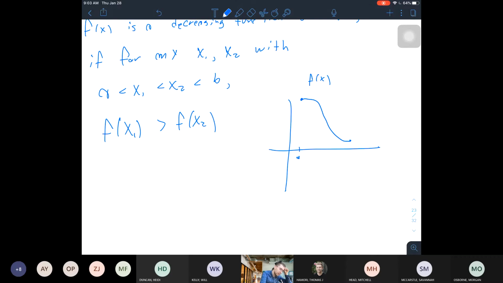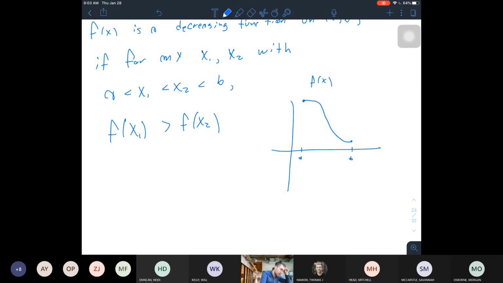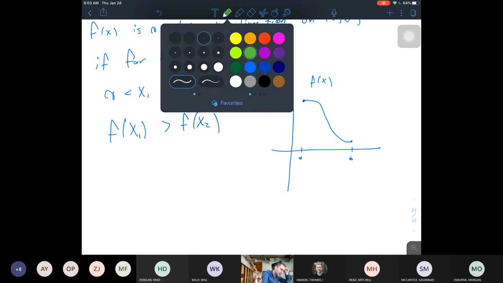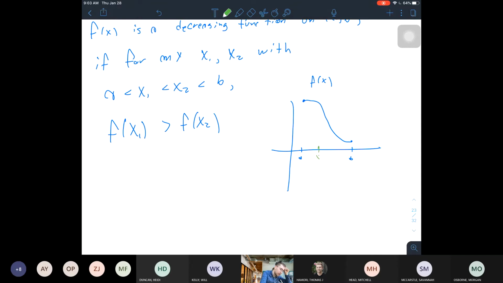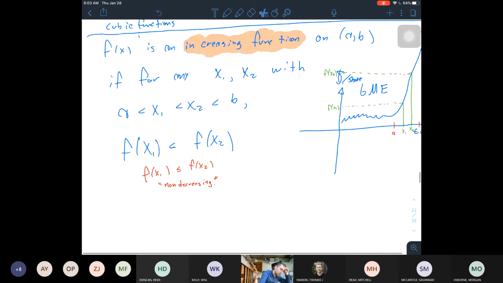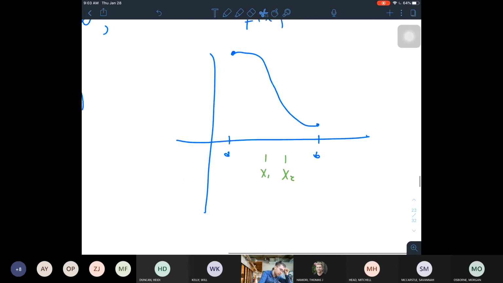Got a here, b here, and the point is that if we take any x1 and x2 in this interval, in fact, let me do something clever here for a demonstration.